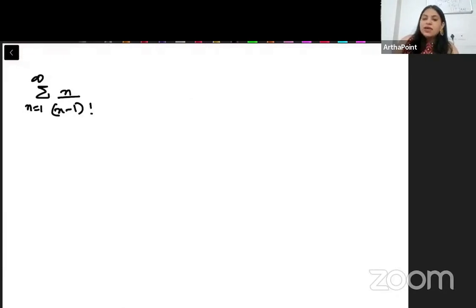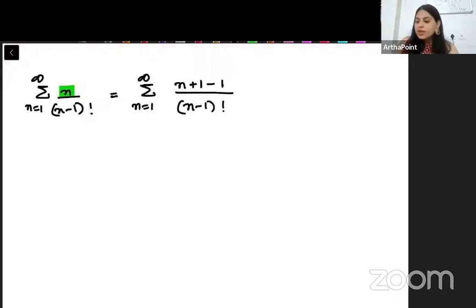Dhyan se dekhna. Can I write n in the numerator by adding and subtracting 1 from it? I can. So I can rewrite this as (n plus 1 minus 1) upon (n minus 1) factorial, summed from n equal to 1 to infinity. Right?